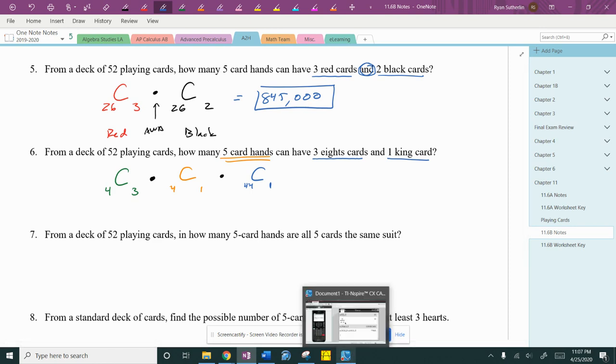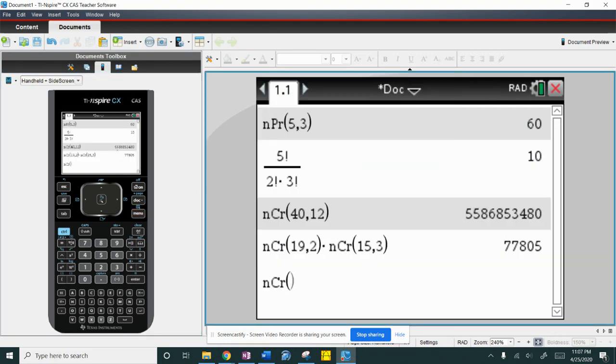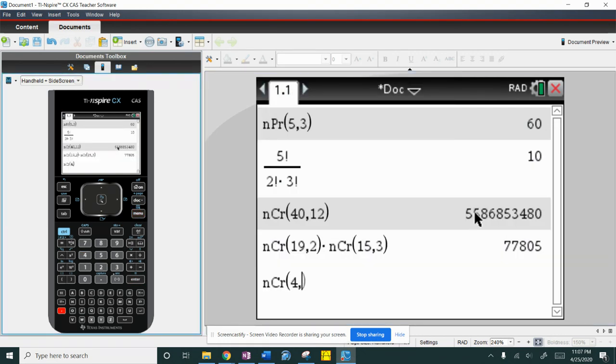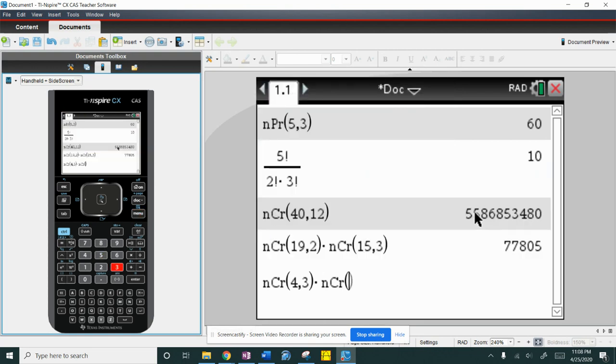So now we can calculate that. So I've got, for this one, 4 choose 3. Then for the next one, we've got 4 choose 1. Out of the 4 kings, we want 1.